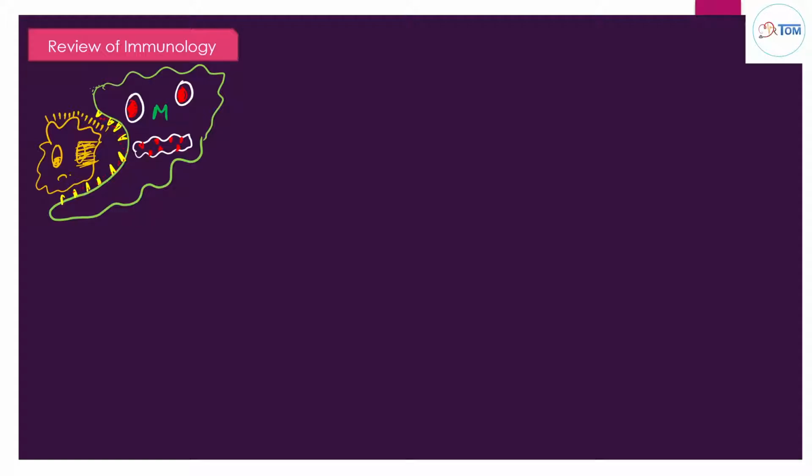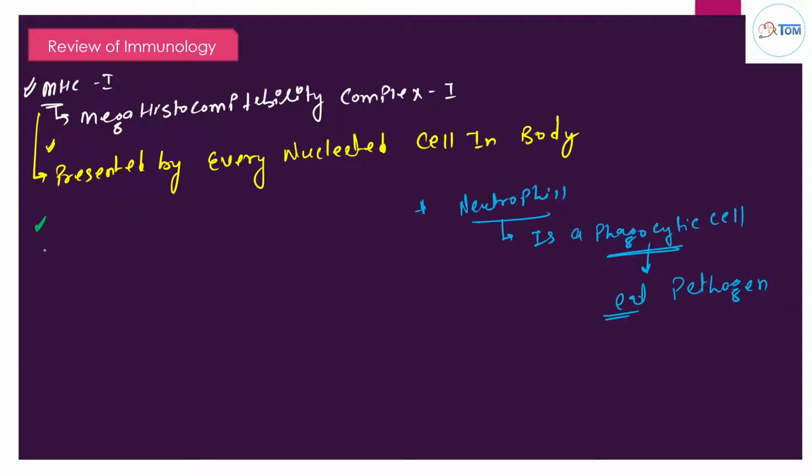Now here let's stop for a minute and let's talk about macrophage. Don't worry, we have two or three lectures on macrophage separately. It's just a basic discussion. Macrophage is also a phagocytic cell. Along with being a phagocytic cell, it is an antigen presenting cell.